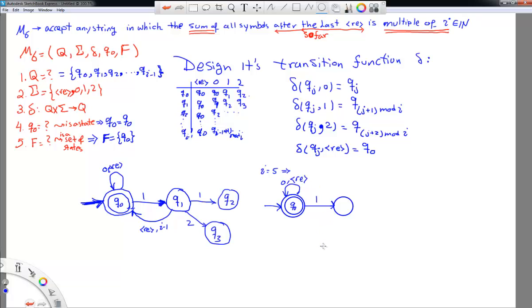And then over 2, it'll go to q sub 2. And remember, my symbols are 0, 1, and 2, and reset. So this is going to go to q sub 2, and this is going to go to q sub 1. Now, if I'm in q sub 1 and I see 1, I'm going to go to q sub 2. And if I see 2, I'm going to go to q sub 1 plus 2, which is q sub 3.